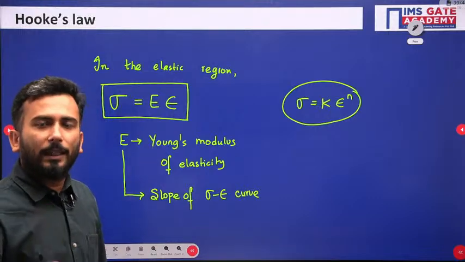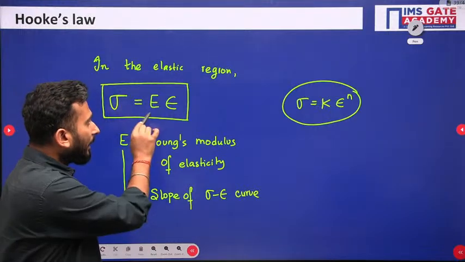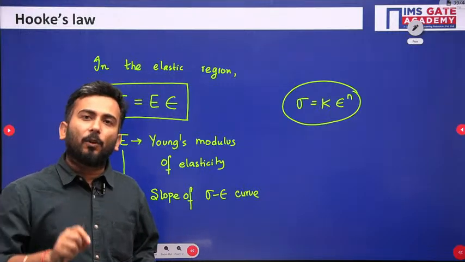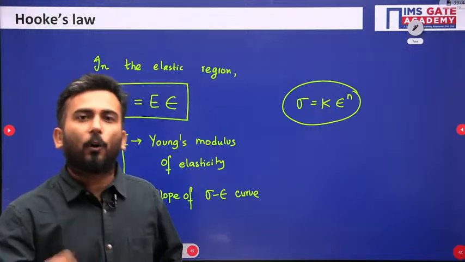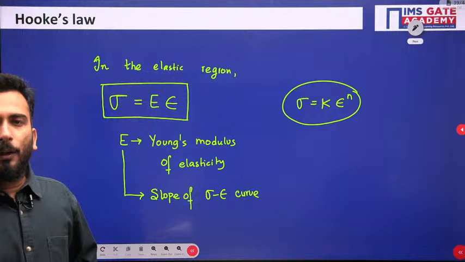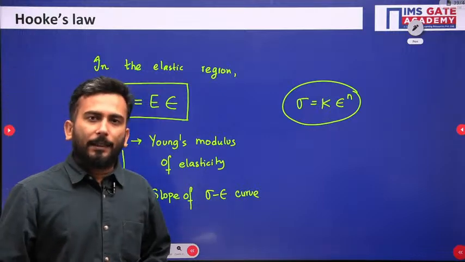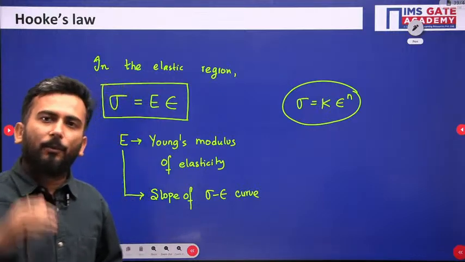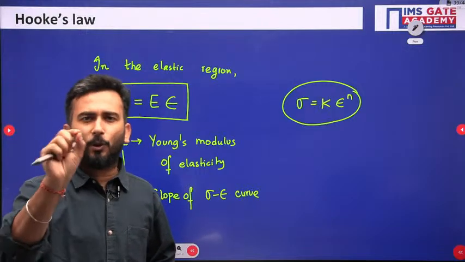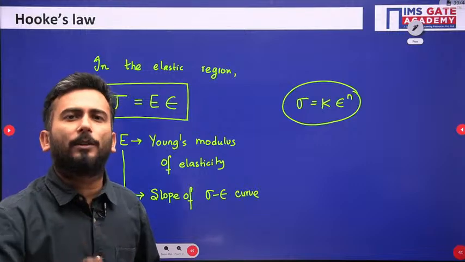So clearly you can see why we are able to use this relationship, because the material does not generally cross the proportionality limit. Whatever loading we apply, we keep till the proportionality limit, or you can say elastic limit, because both are the same point only. We don't cross that region.